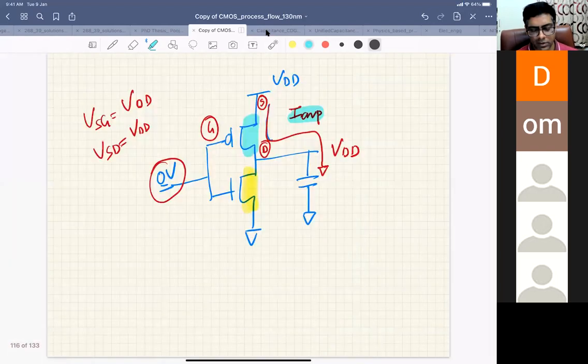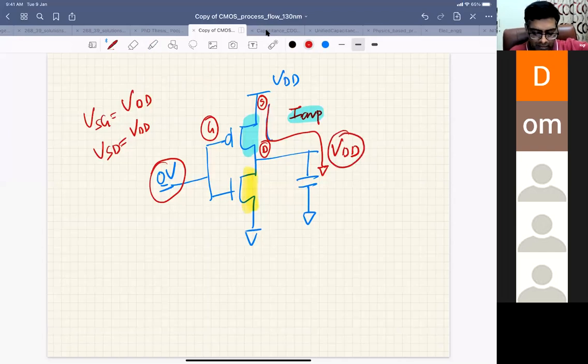But let's say your transistor is off, your inverter is off. You give 0 volt and stay at 0 volt, which means your output becomes VDD.